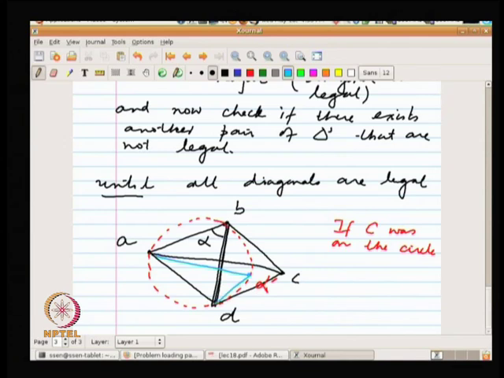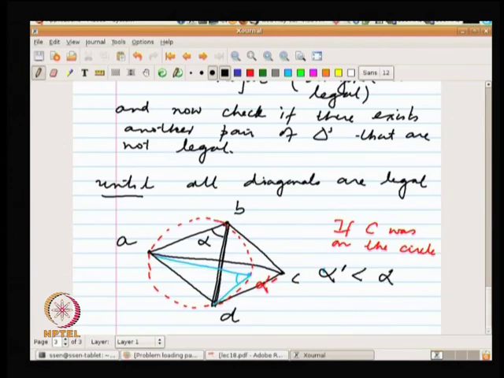Then this angle would have been equal to alpha, because they subtend the same arc. But C is actually outside, so the angle is going to be smaller. So, the angle alpha prime is strictly smaller than alpha.